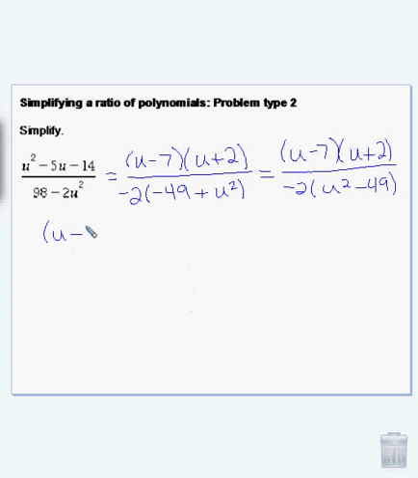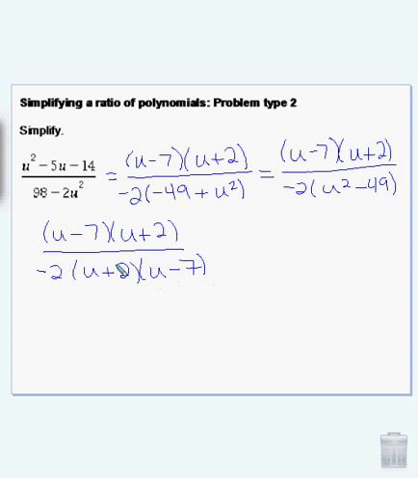Now I'll need to factor that difference of squares. The square root of 49 is 7, so I'm going to get u plus 7 times u minus 7. I said 7, I wrote 2, I meant to write 7. Okay. Looking at this, I have u minus 7 and u minus 7.